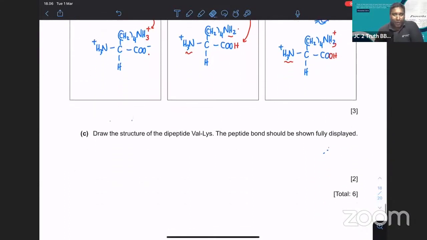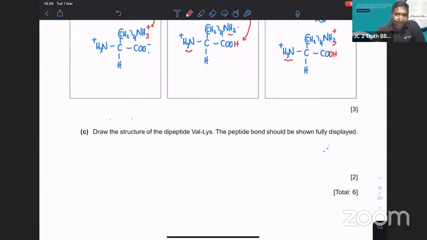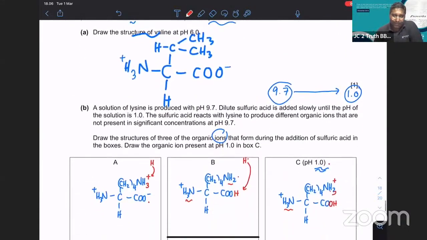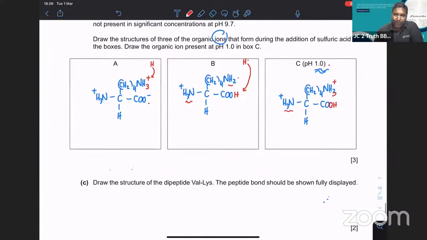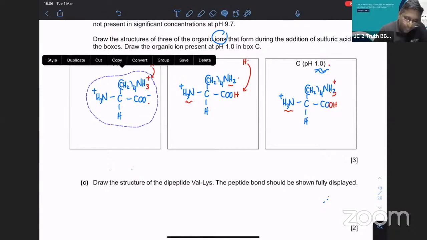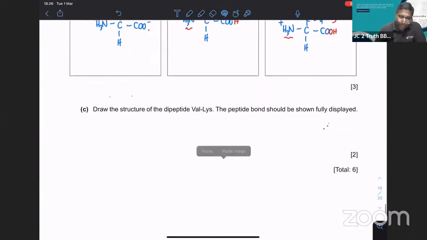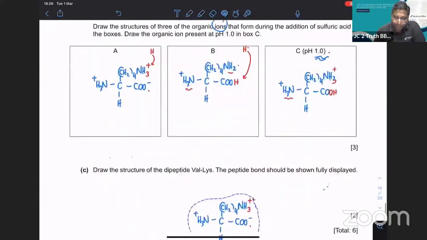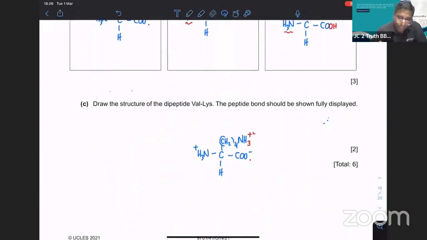Draw the structure of the dipeptide, valine and lysine. Just now, let's take this, copy, paste. This is lysine, but I need to edit a bit.